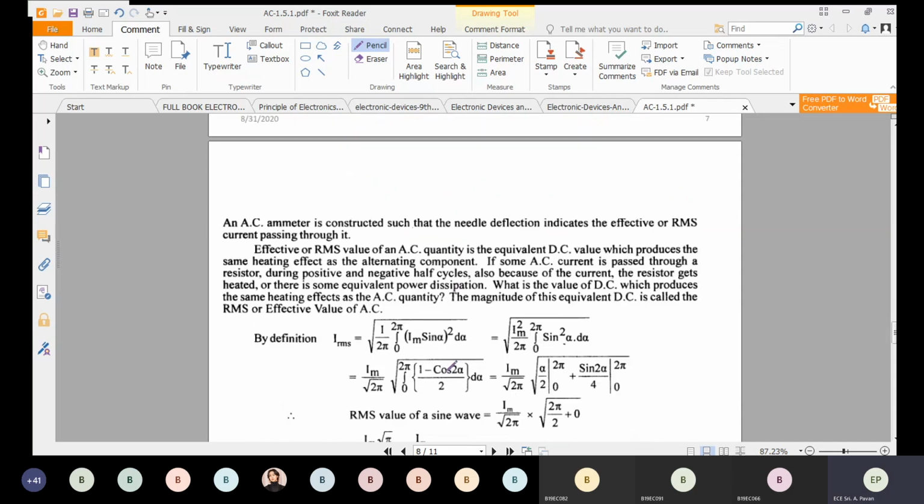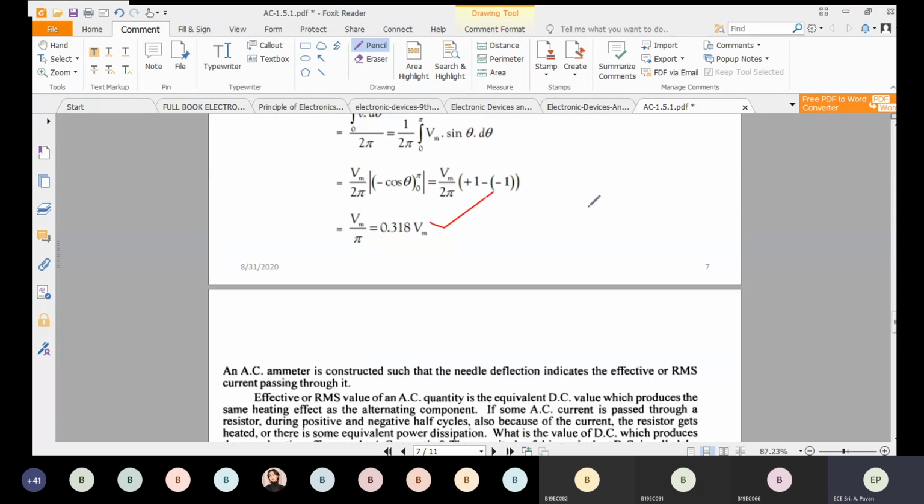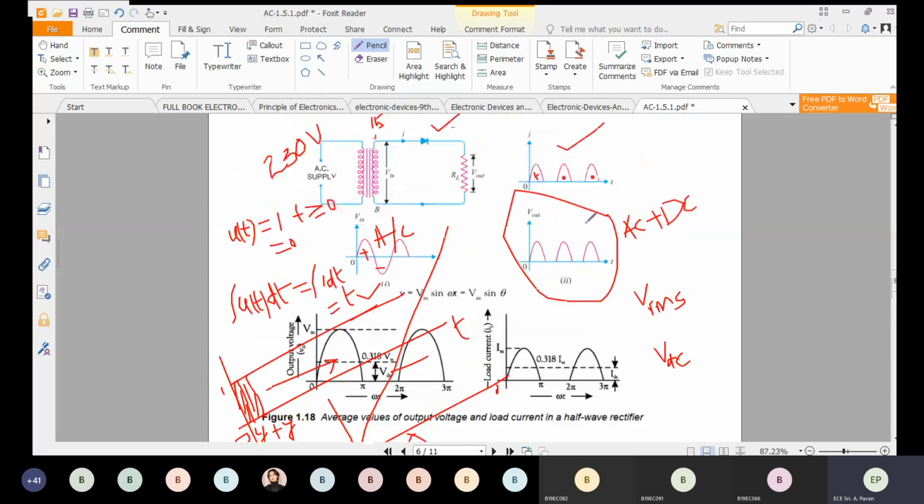In a similar way, how much AC is there? The leftover voltage. From Vm, the maximum or peak voltage, we have divided this Vm into both AC and DC, right? This half-wave rectifier output contains both AC and DC.